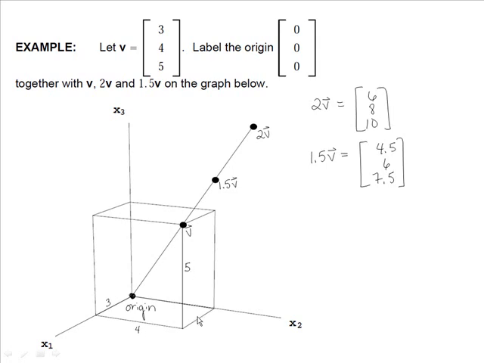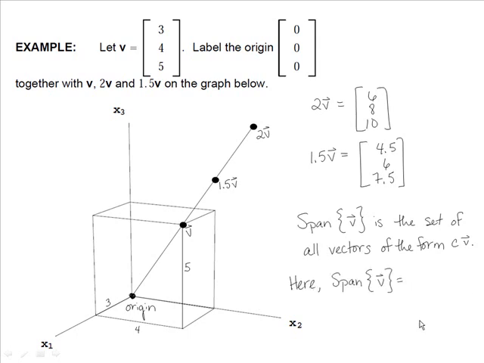So v, 2v, and 1.5v all lie on the same line. And the span of v is the set of all vectors of the form cv, where c is a scalar. So here we see the span of v is a line through the origin.